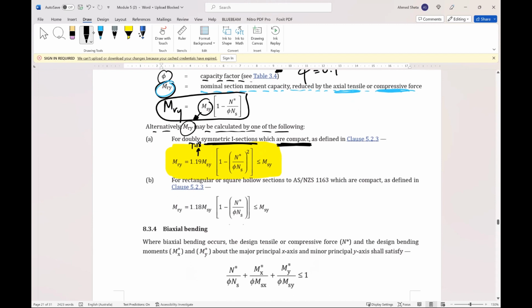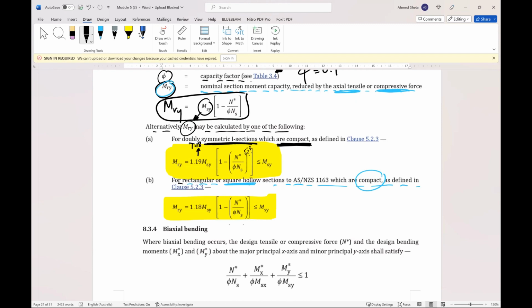The second option is for rectangular or square hollow sections that are compact. MRY is the same value here, but remember here there is a square.